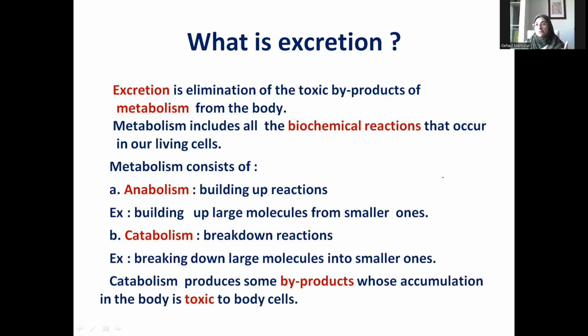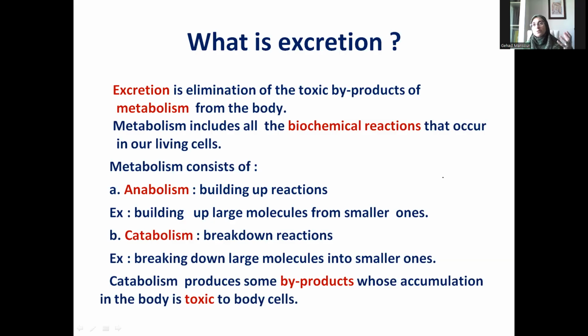But I might give you a reaction and ask you whether this reaction is anabolic or catabolic. For example, if I give you amino acid 1 plus amino acid 2 gives rise to a protein, this would be an anabolic reaction. But the reverse is catabolic.